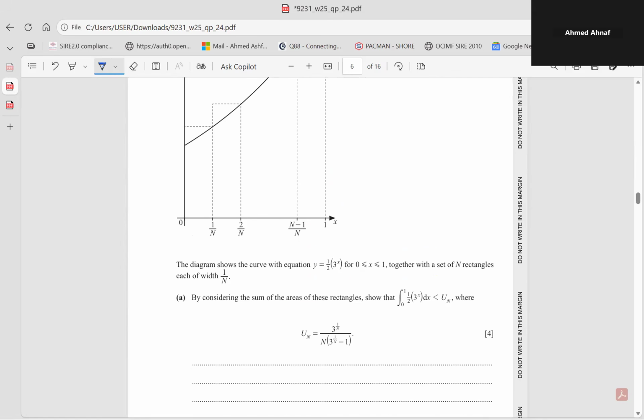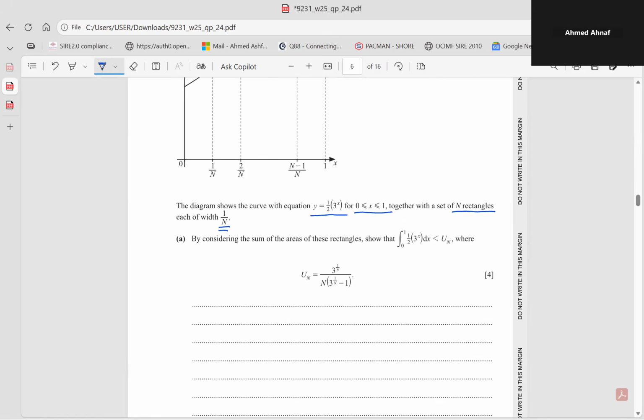Okay, so for this first part, we're given a diagram with the curve y equals half times 3 to the power of x for x between 0 and 1, together with a set of n rectangles which all have width 1 over n.